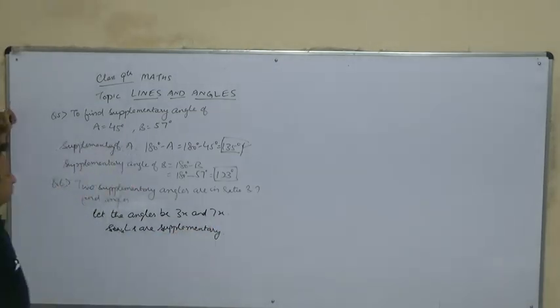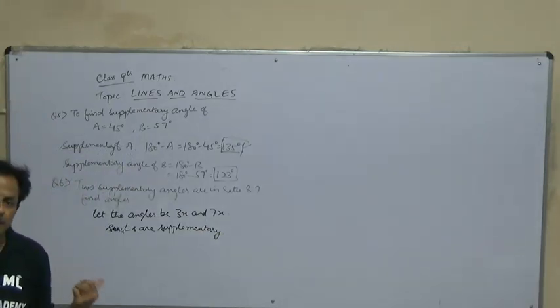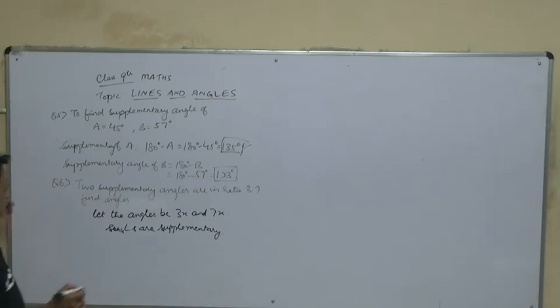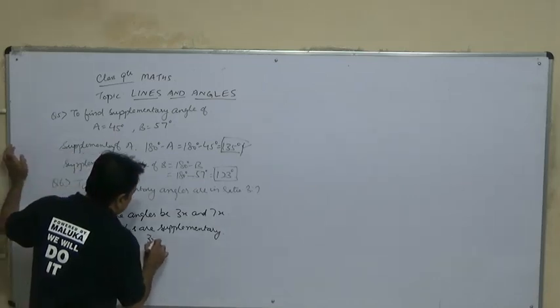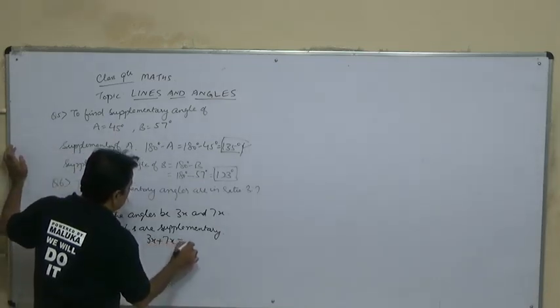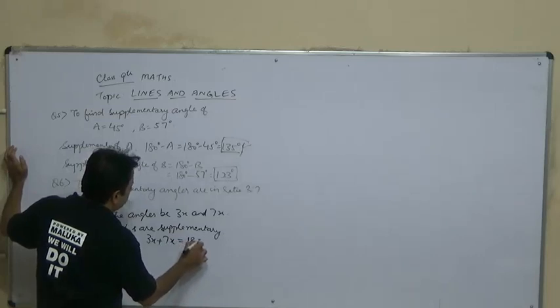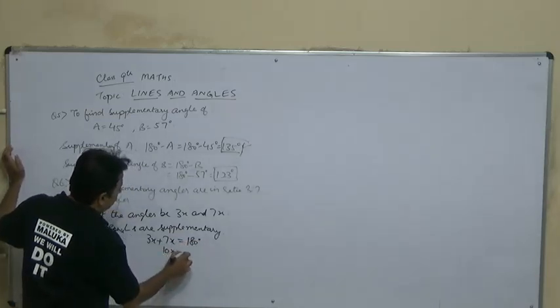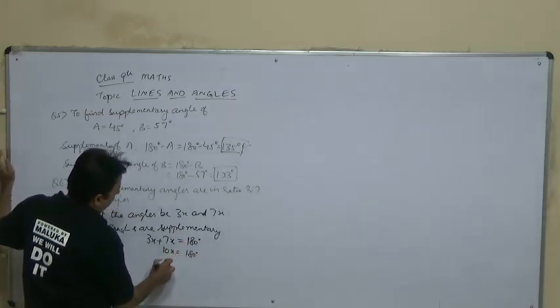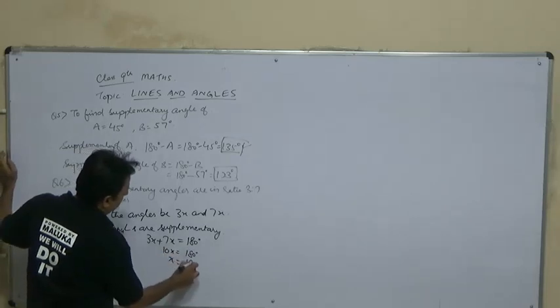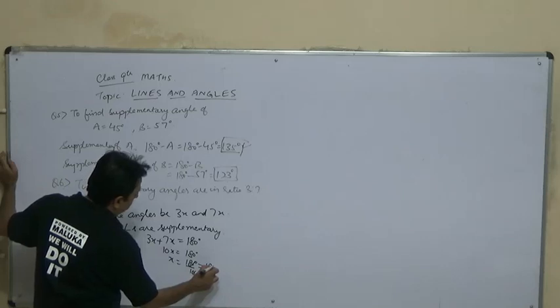Since the angles are supplementary, we know that the supplementary angles sum is 180 degree. So 3x plus 7x is equal to 180 degree. So 10x is equal to 180 degree, and x is equal to 180 degree by 10. This will be 18 degree.